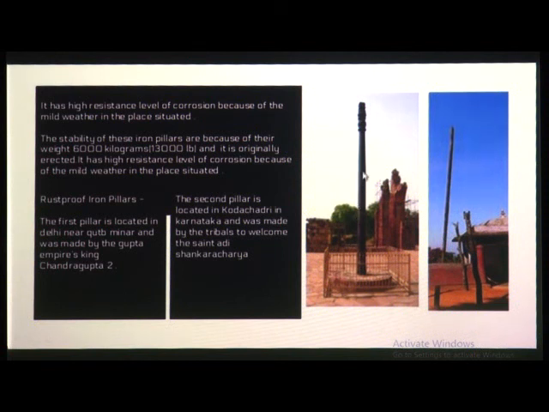Still they have been located here for thousands of years, because they are rust proof iron pillars. This means these iron pillars also went through the process known as galvanization. That is why they have remained here for so many years.